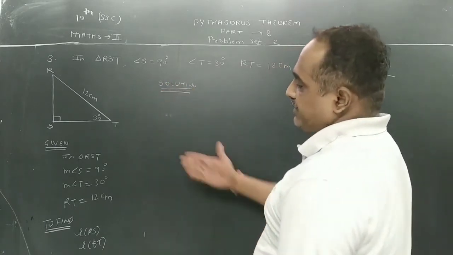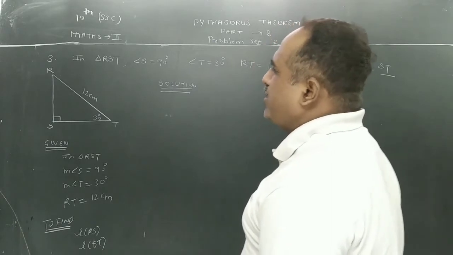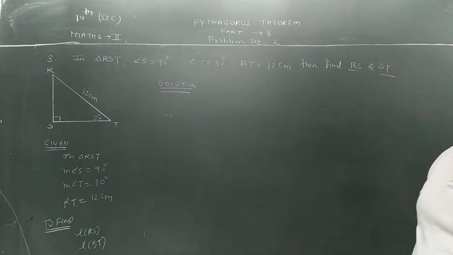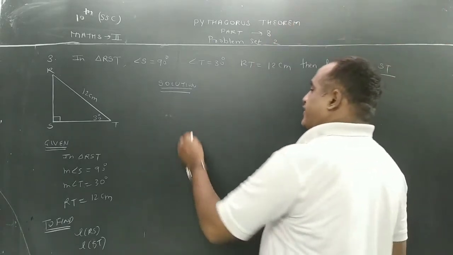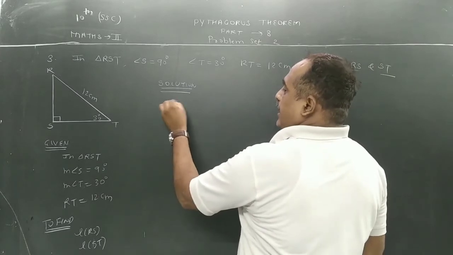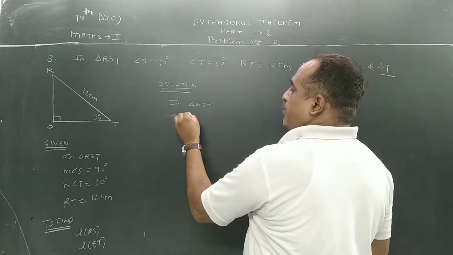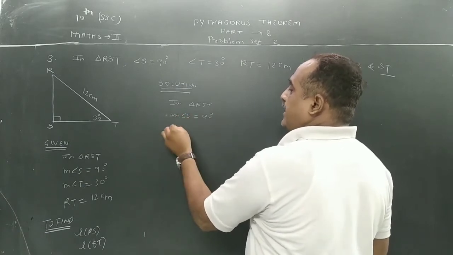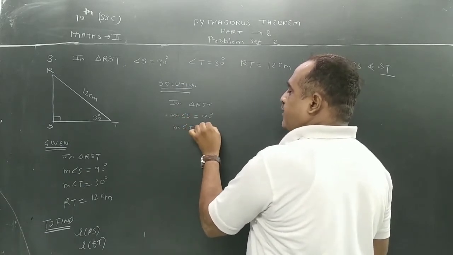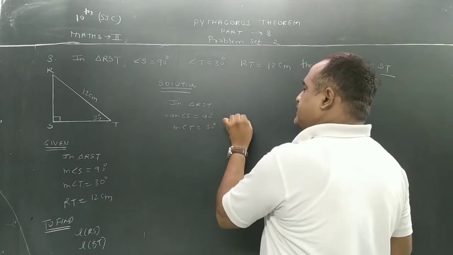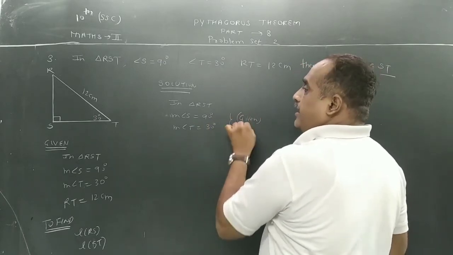See, when they are giving 30, 90, it means we are going to apply the property of 30, 60, 90 degrees triangle. So, in triangle RST, measure of angle S is equal to 90, measure of angle T is equal to 30 degree. These things are given.